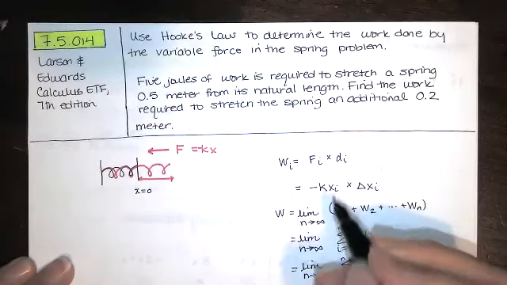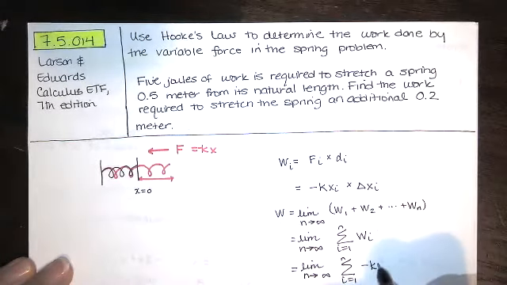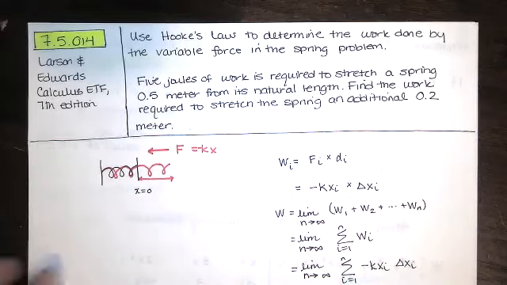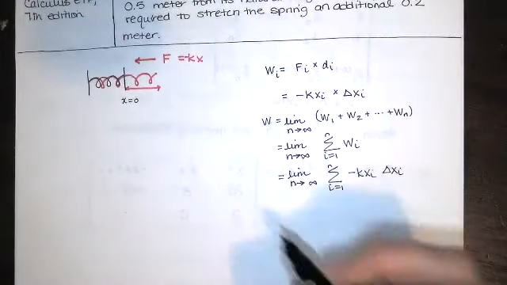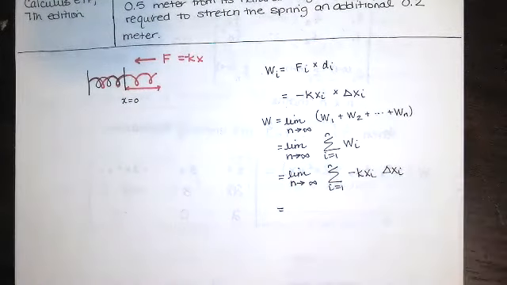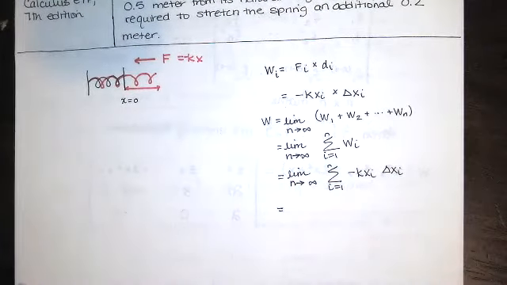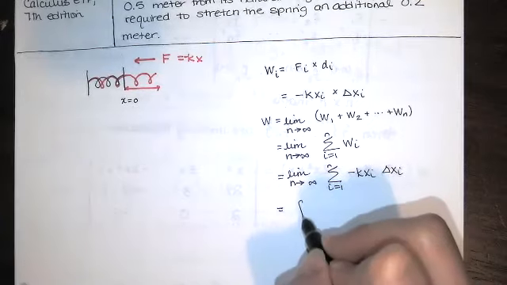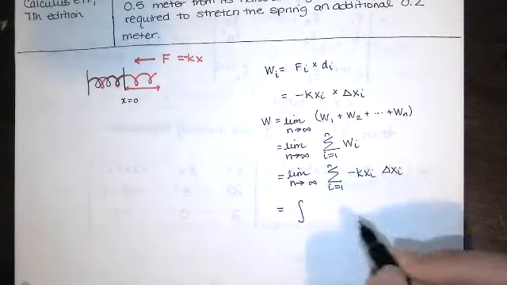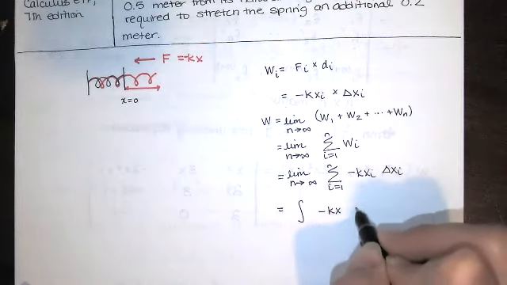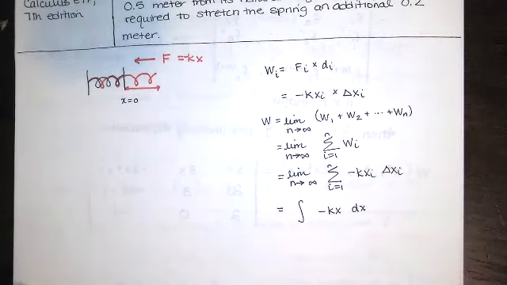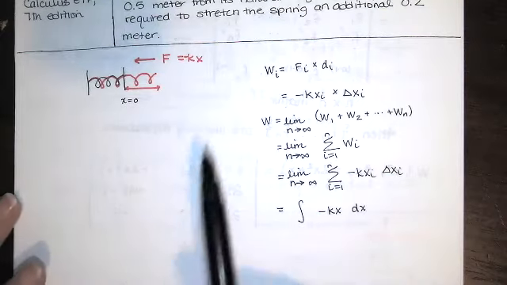And that work on one piece is given by negative k times x sub i times delta x. And that is a very special case of the definition of an integral. So this is equal to the integral of negative kx with respect to x, and we'll integrate from x equals some value to x equals some other value.